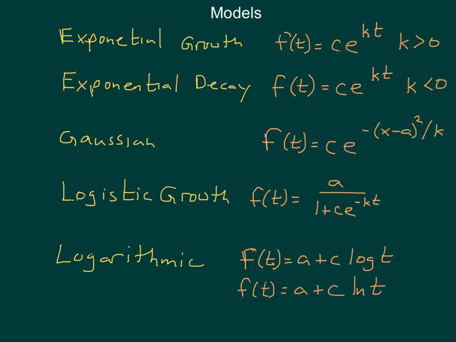The fourth type of model is a logistic growth model, which is this one. f(t) is a divided by 1 plus ce to the negative kt. Again, in this case, a, c, and k happen to be constant values. The logistic growth model looks at things like carrying capacity in terms of a habitat. How many of an individual can it support?